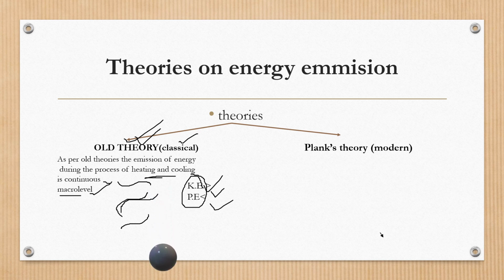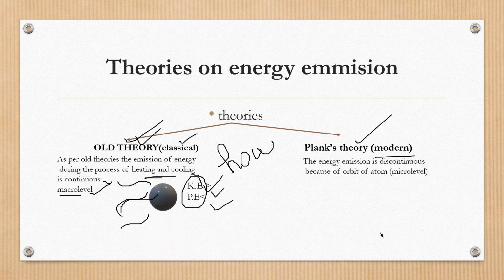Let's discuss Planck's theory. So we're going to answer the question how. According to the modern theory or Planck's theory, that emission is discontinuous at the micro level. As I taught you, at the macro level, old people gave postulates, but Planck's theory was at the micro level. What kind of micro level?